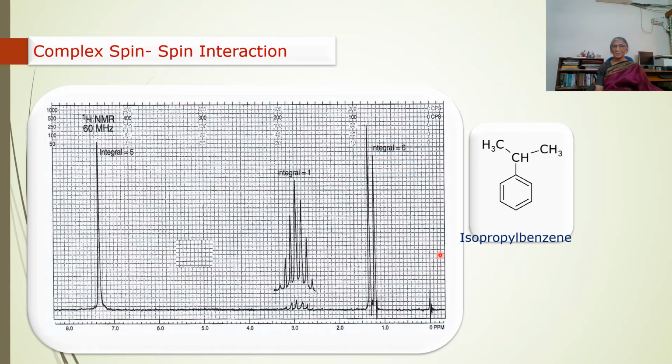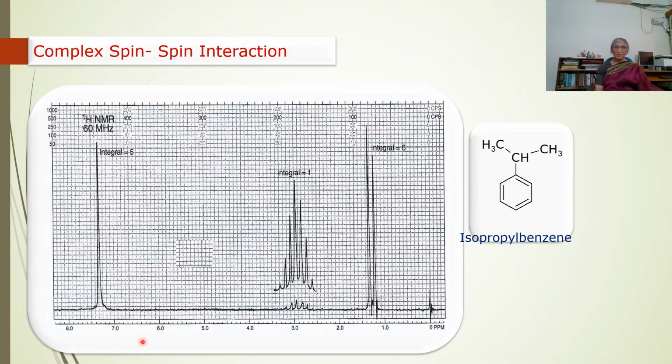This is the NMR spectrum of isopropyl benzene. There are 3 signals. One signal, present at 1.2 ppm, is a doublet and is given by 6 equivalent protons. Another signal, present at 3 ppm, is a septet, and one signal, present at 7.2 ppm, is given by 5 equivalent protons.